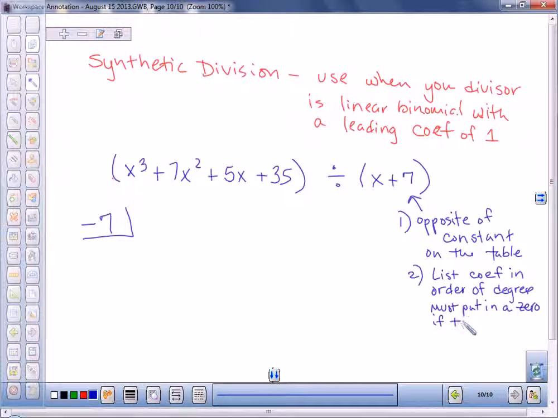So I've got cube, square, first power, constant. Is anything missing? No, so I'm not going to need any zeros. What is the coefficient of the first term? 1. Coefficient of the second? 7. Next. Last. Constant is 35. So I guess this would say list coefficients and constant.